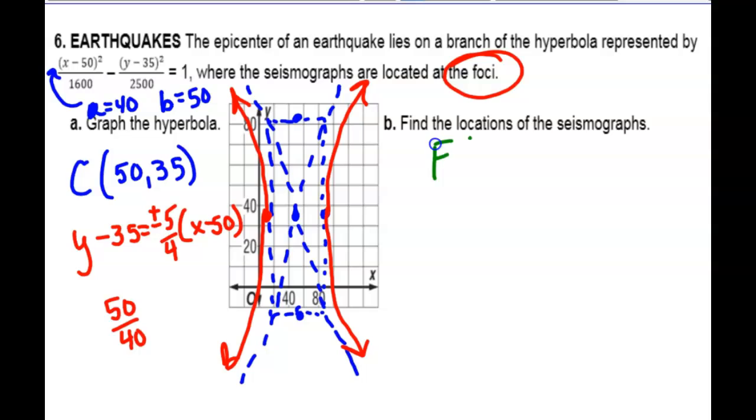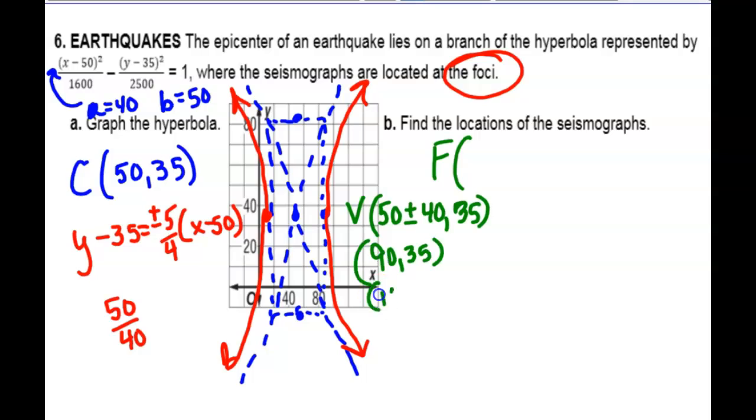So the foci, we didn't even find the vertices. The vertices were at 50 plus or minus 40. And then 35 back here. So we'd have 90, 35, and 10, 35.